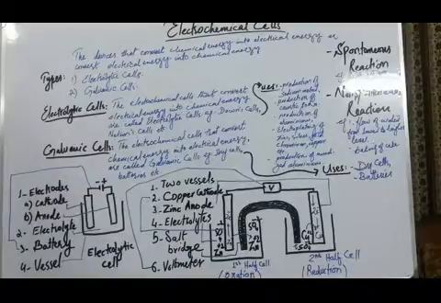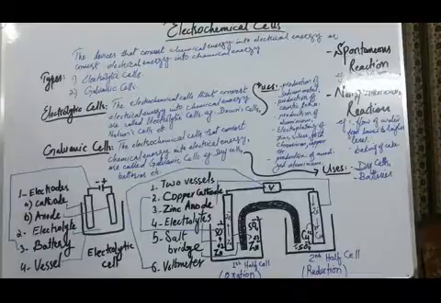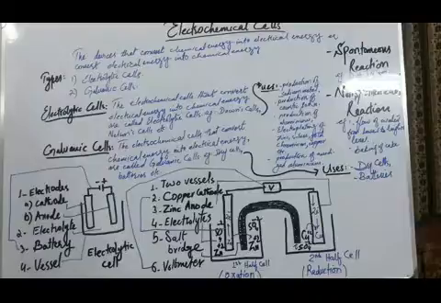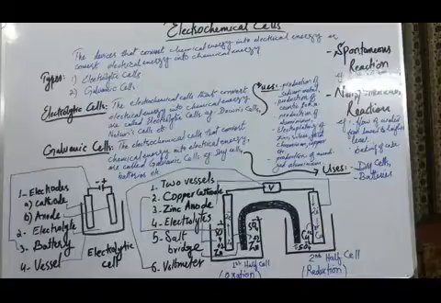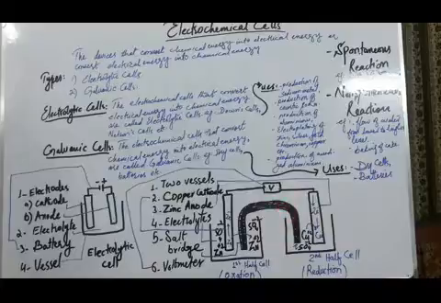As a result, this process carries on and a potential difference appears on the voltmeter. So we can say that this type of cell is utilized for the production of electricity.